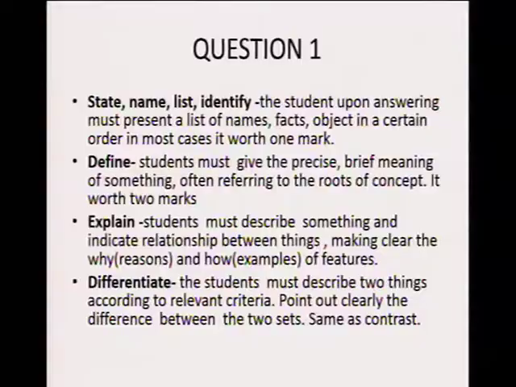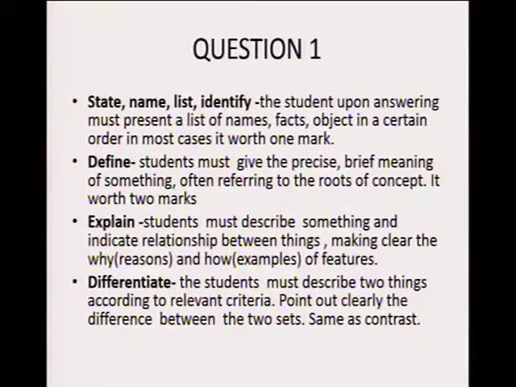Mostly when answering, you have to list, for example, name. It can either be a fact, object, or a certain order. And mostly when you are listing something, it's 1 mark.